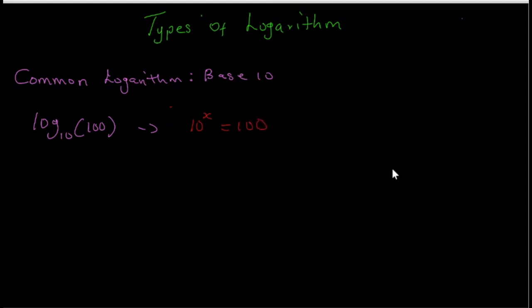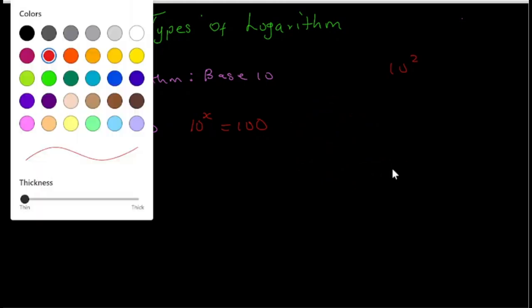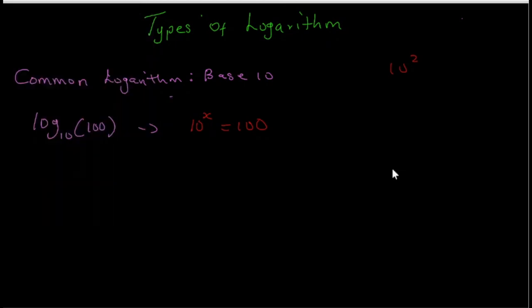So what power can we raise 10 to? 10 times 10, which is 10 raised to the power of 2, gives 100. So the power is 2. So log 10 of 100 is 2, right?